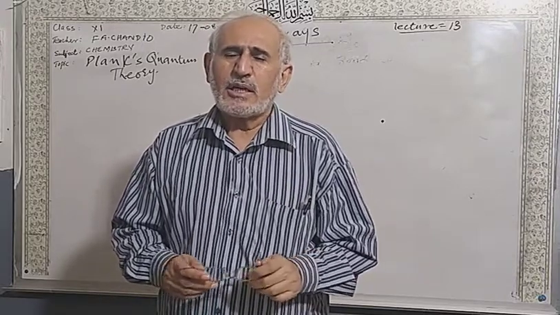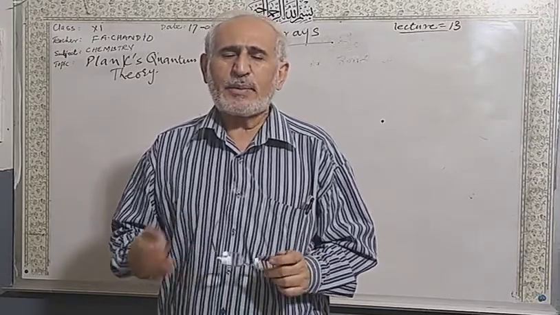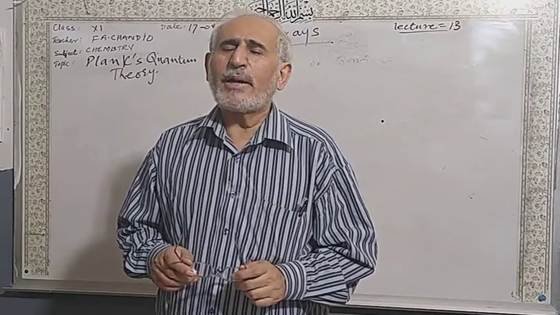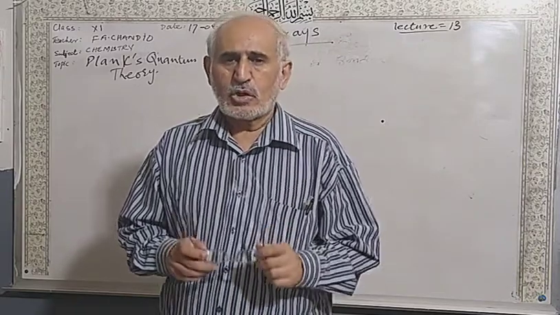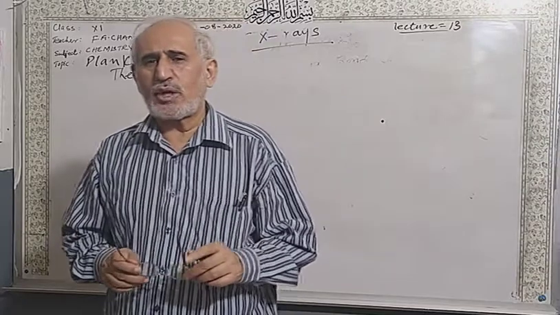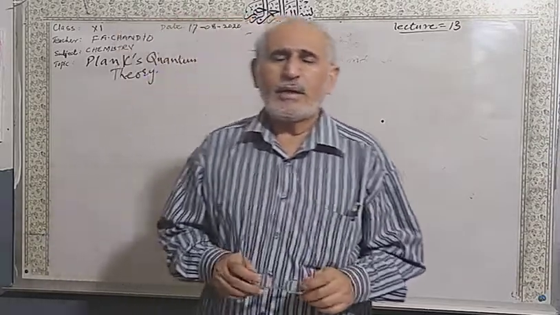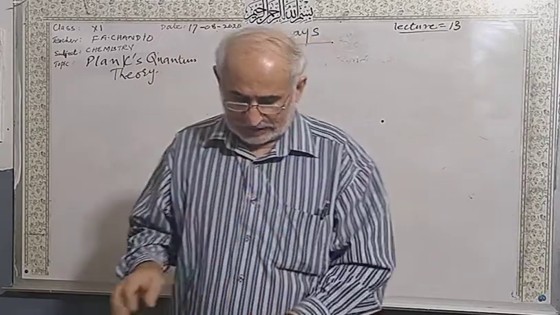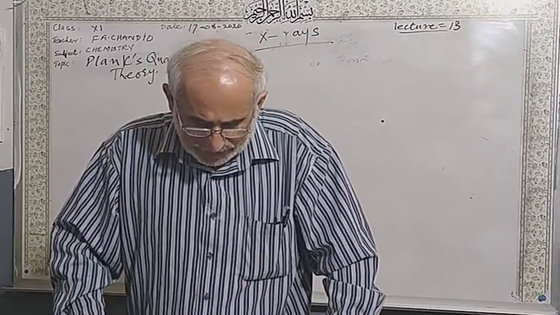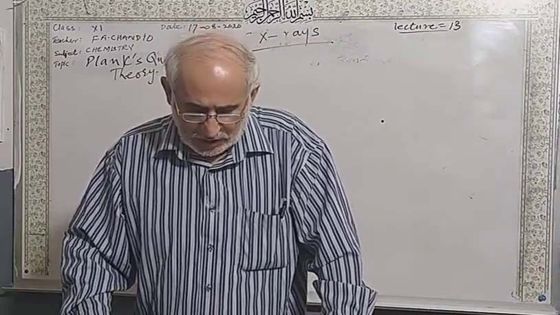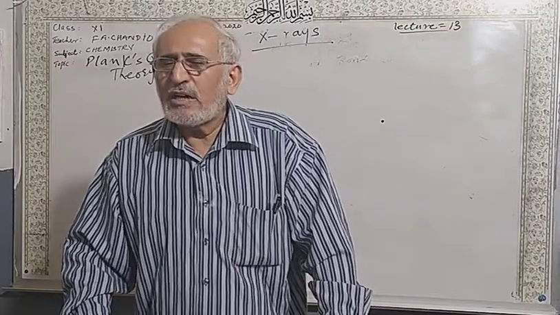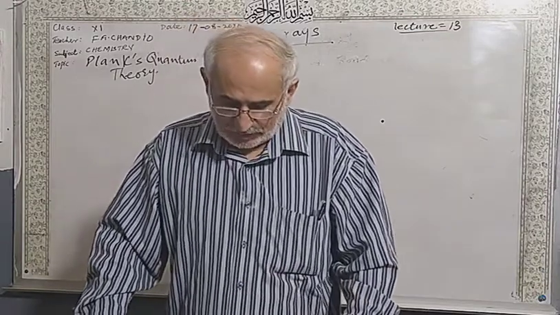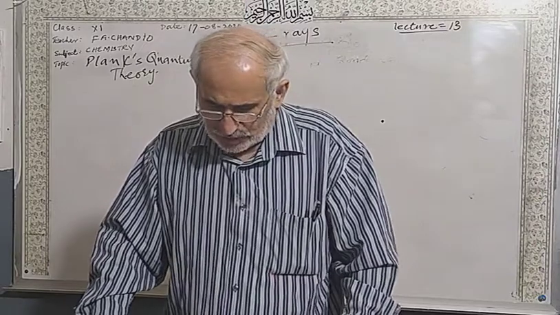So students, the frequency of the X-rays depends upon the atomic number of the metal. Frequency is directly proportional to the atomic number and inversely proportional to the wavelength. Depending upon the nature of the anode, we often use a tungsten filament for this purpose.